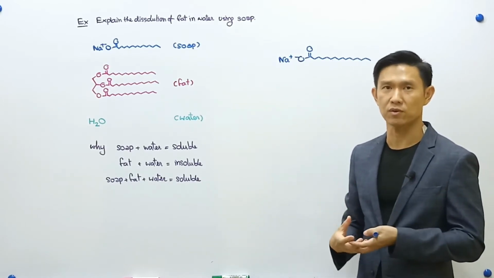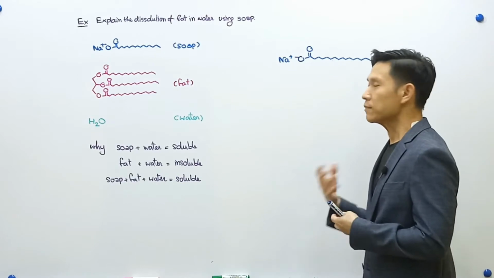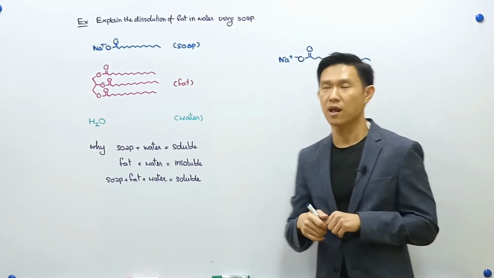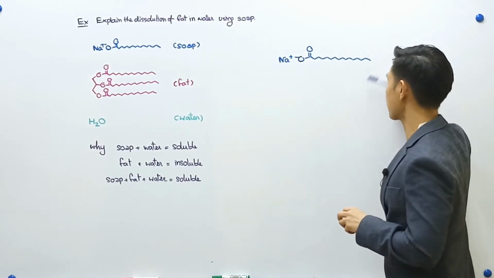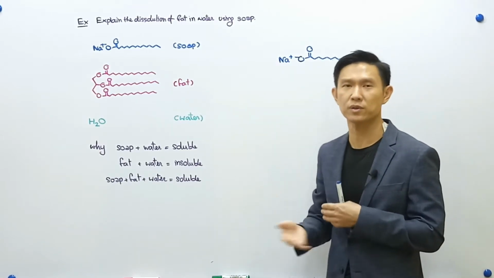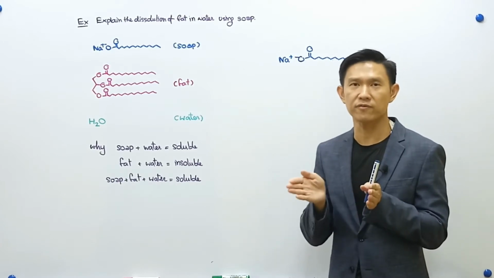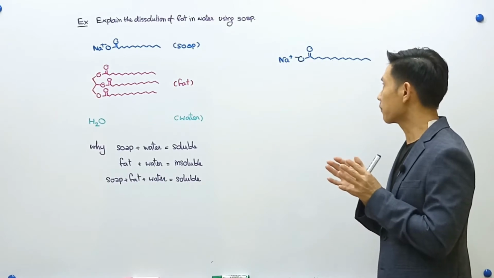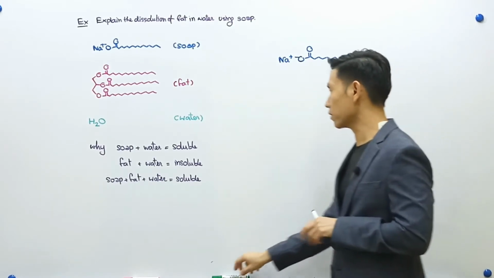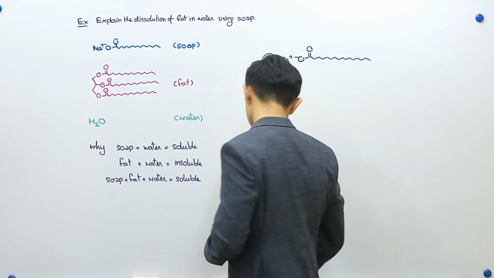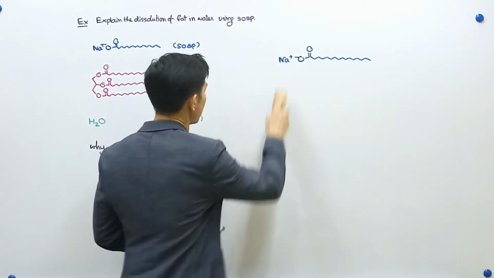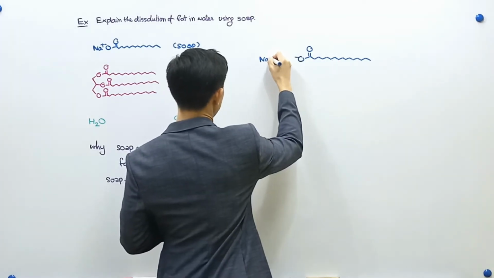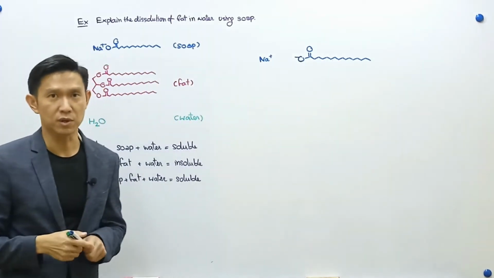But when you dissolve it in water, as I mentioned earlier in the content about the London force, the long chain hydrocarbon cannot interact well with the water. So they tend to interact with themselves. In the first case, if you dissolve this into water, sodium ion and carboxylate ion have weak interaction against each other, so they are separated by the water molecules.